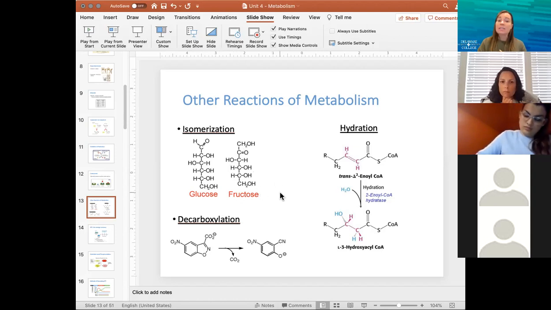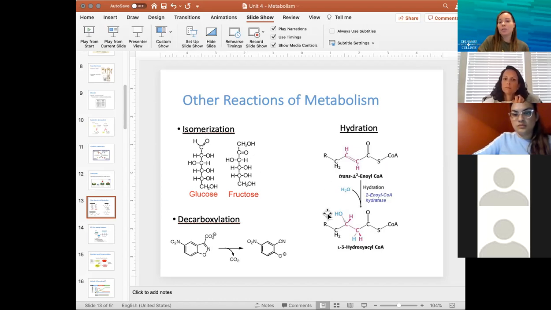But there is a different arrangement. The carbon that is double bonded with an oxygen, instead of being the very first carbon, is the second one. They've rearranged the order of the atoms a little bit, and that changes the entire molecule and the name. So that's isomerization, just a rearranging of the atoms within a molecule.